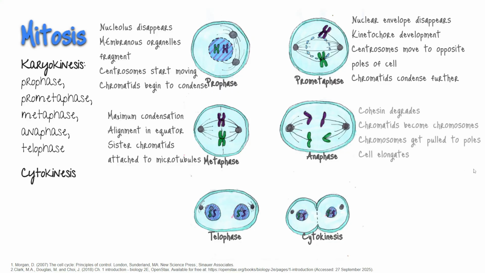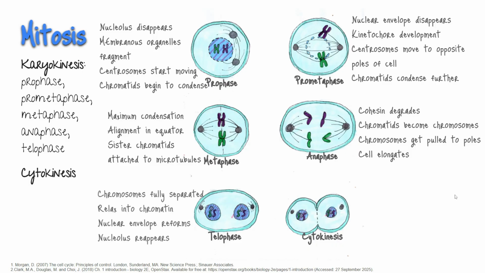Anaphase. The cohesive proteins keeping sister chromatids together degrade, separating the chromatids and renaming them to chromosomes. Then each chromosome is pulled towards the centrosome that its microtubule attaches to. The cell becomes elongated, oval-shaped.